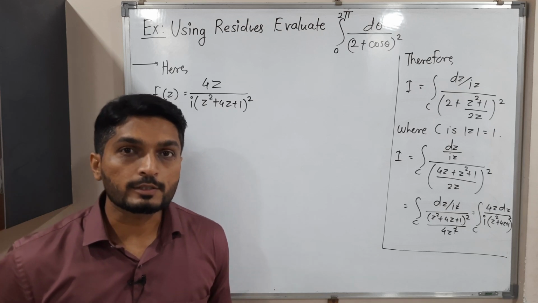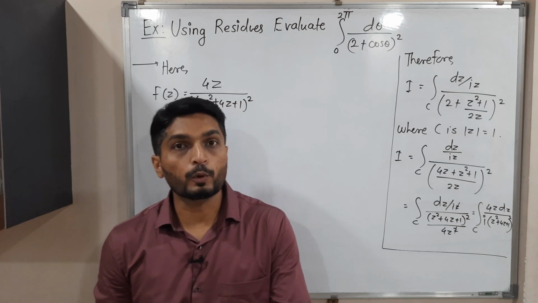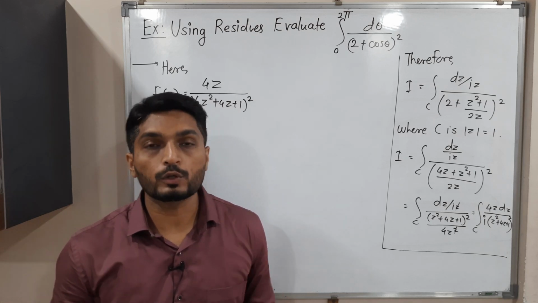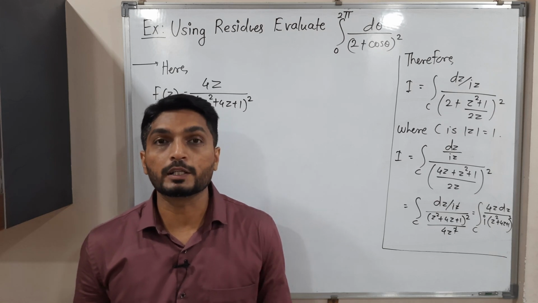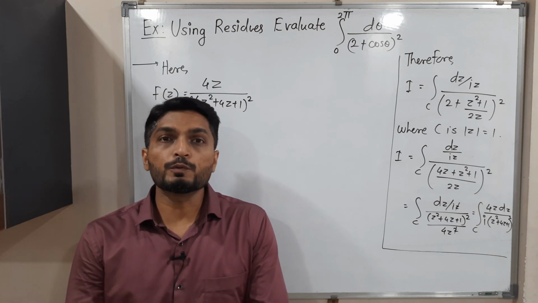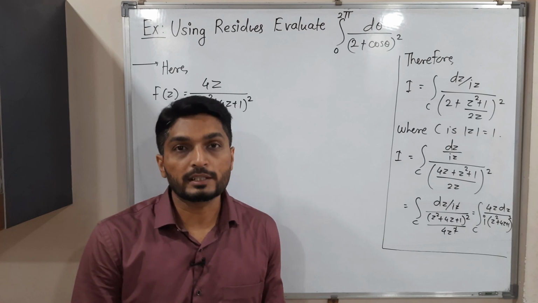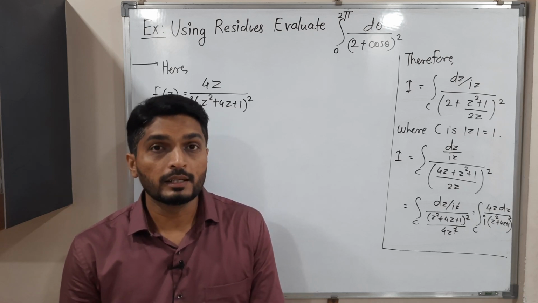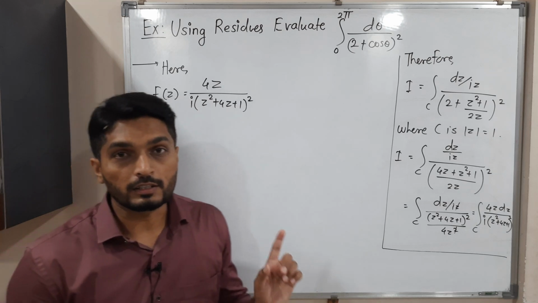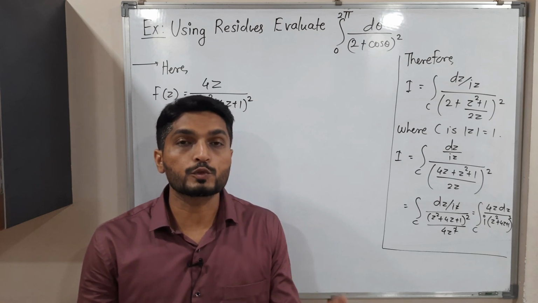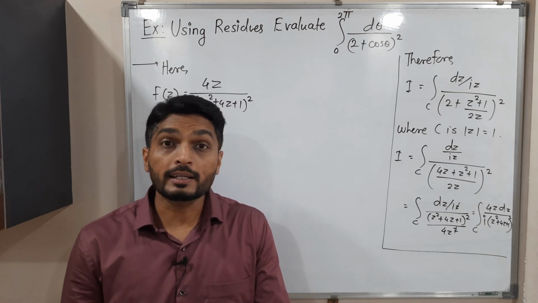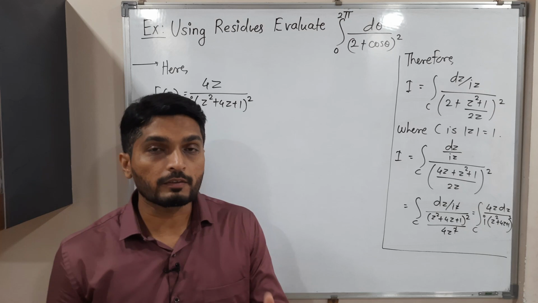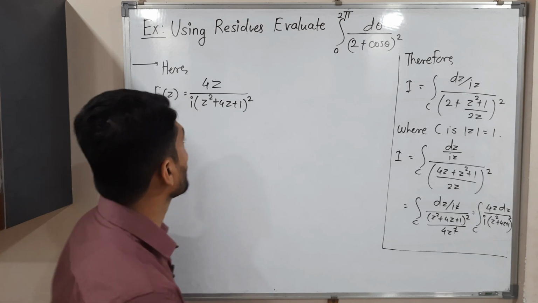So now the next task is to find singular points, that means a point where the function is not analytic, or generally we say the point where the denominator is 0. It is always better to express the denominator as a product of factors, but it is quite difficult here. It is very difficult to find the factors of the denominator. So I will directly consider the function is not analytic if the denominator is 0.